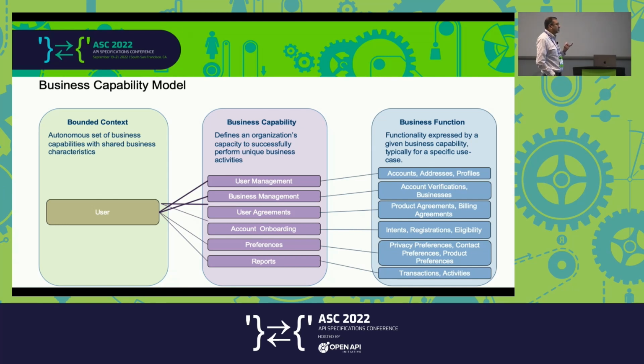How do we make sure that each bounded context is completely representing its set of business functions or core capabilities in an autonomous way?